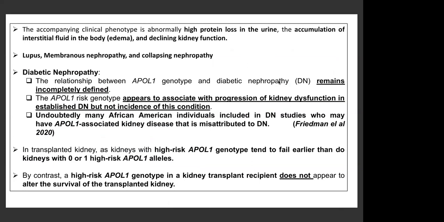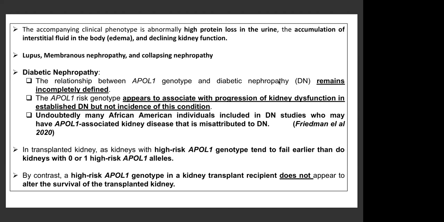In diabetic nephropathy, the role of APOL1 and its mutation is very limited because the diagnosis of these patients is not done based upon their biopsy. So they don't know whether there is a change in the expression of APOL1 or not.